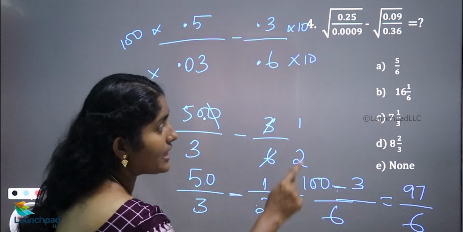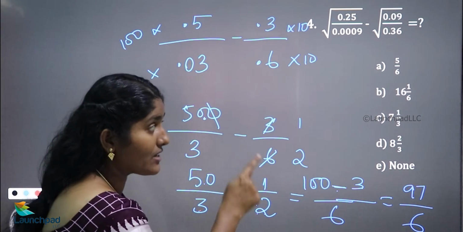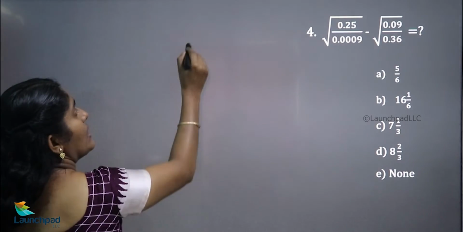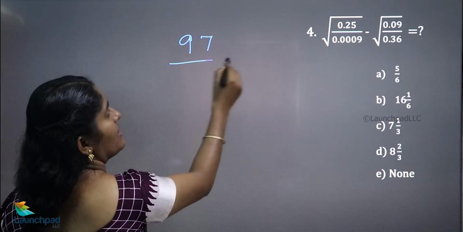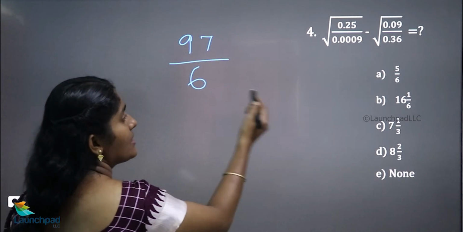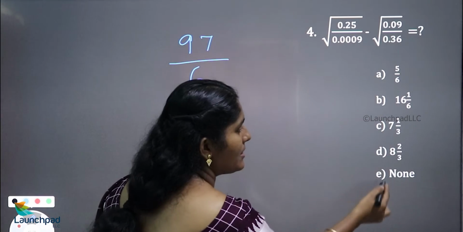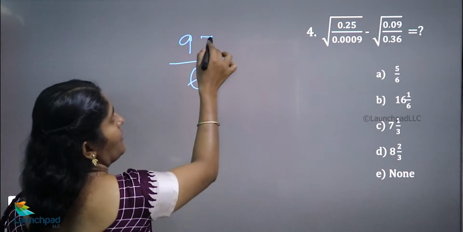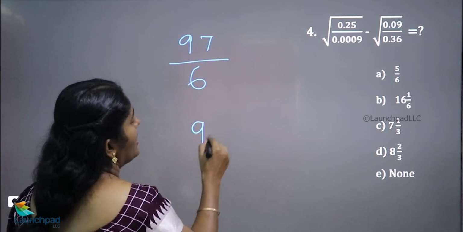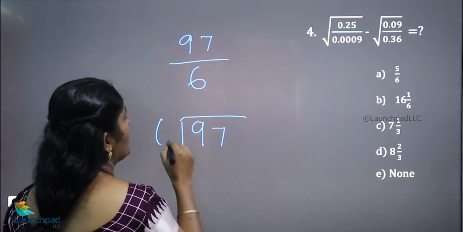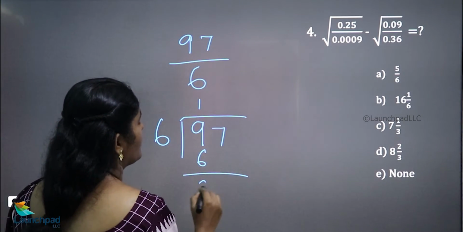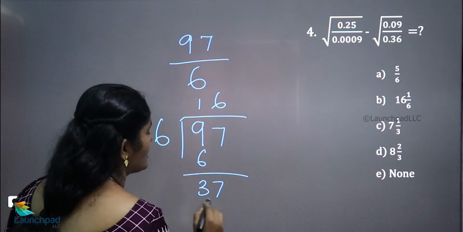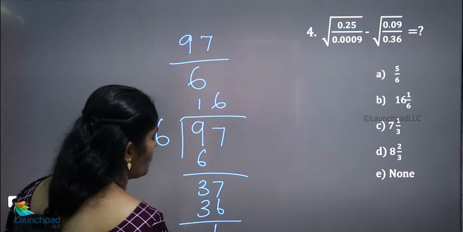But in your options there are mixed fractions available. So after the subtraction, the answer is 97 by 6. The options are available in mixed fractions, so we want to convert this into a mixed fraction. 97 by 6. 1 six is 6, 37. 6 sixes are 36, remainder 1.